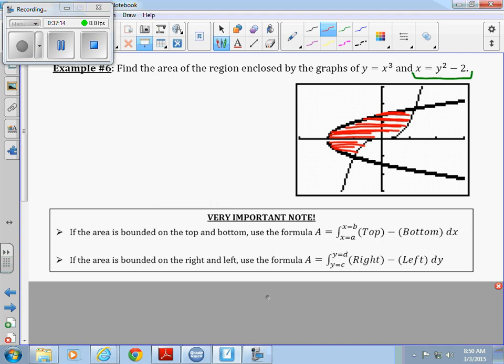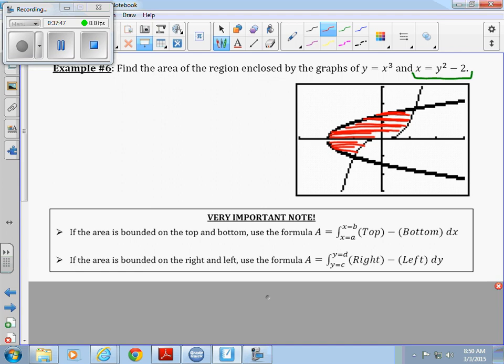Essentially, x is y, and y is x. And right would be the top, and left would be the bottom. Essentially, I am truly just turning my brain to make x and y switch. Now, to do that, I have to have the functions be functions of y, right? So that's the first thing I'm going to do. Now, this one is already a function of y. X equals, normally it's y equals, this one's already x equals.